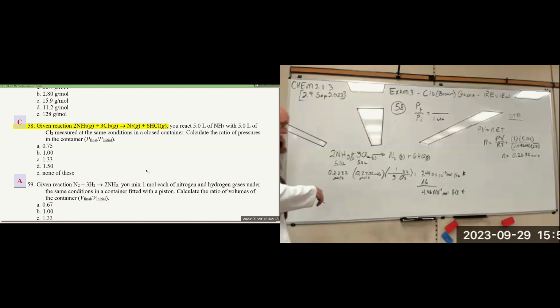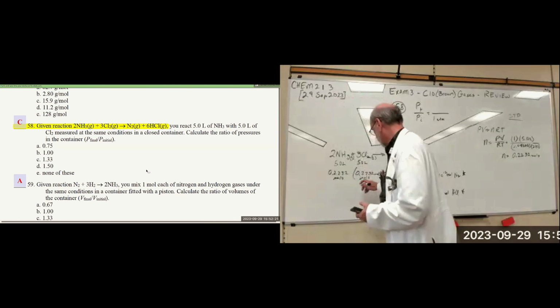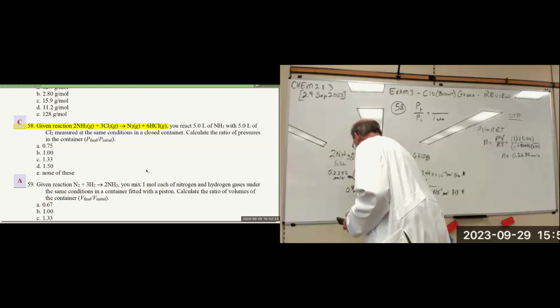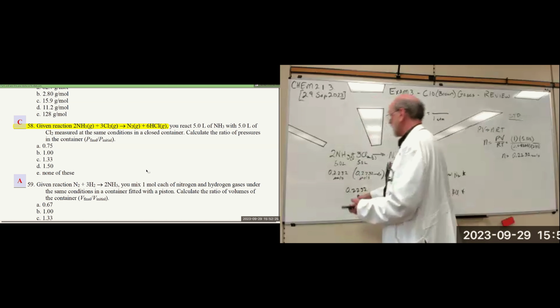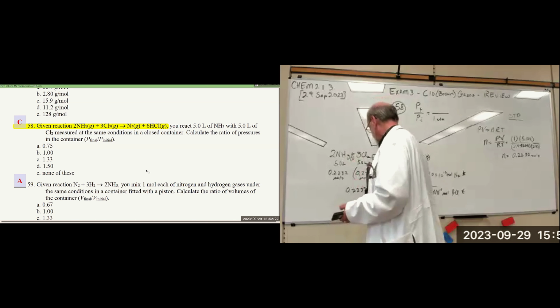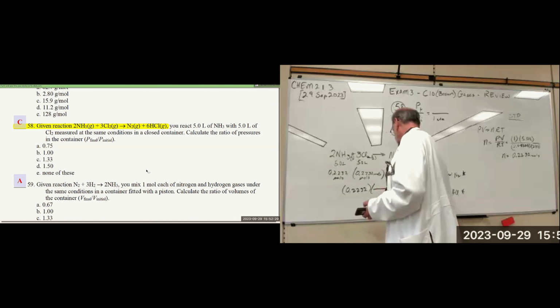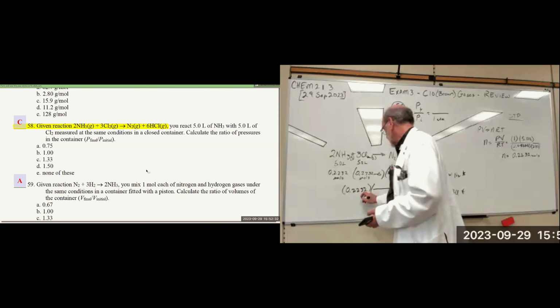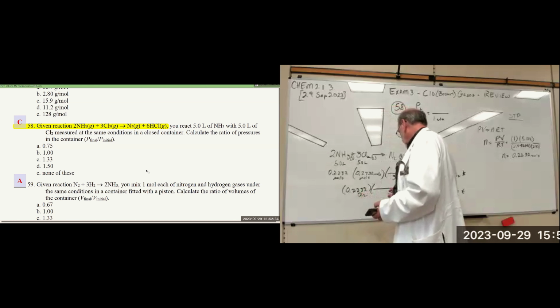Well, you take this one, 0.2232, because we're going to use all of it up. Then we find out how much ammonia. Right? This is chlorine. So we need chlorine on the bottom and ammonia on the top.